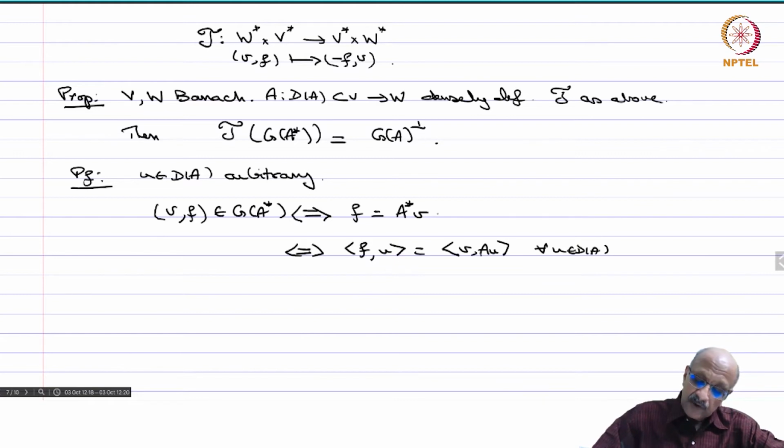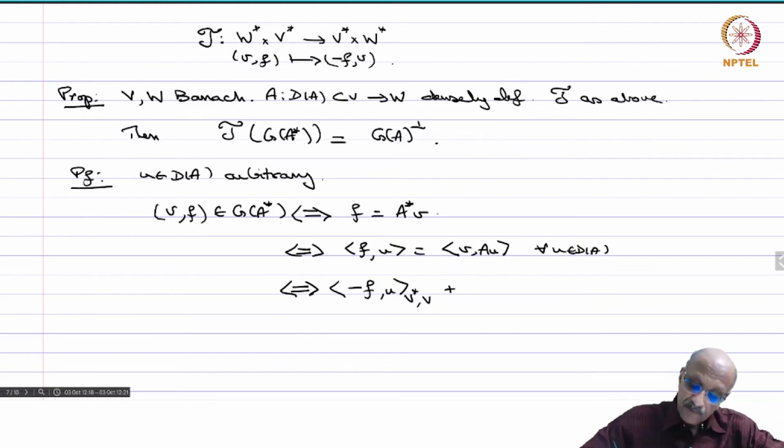I am not putting the subscripts, we know where these things are acting. Therefore this is equivalent to saying minus f(u), this is in V star, V, plus v(Au), this is in W star, W, equal to 0 for every u in D(A).